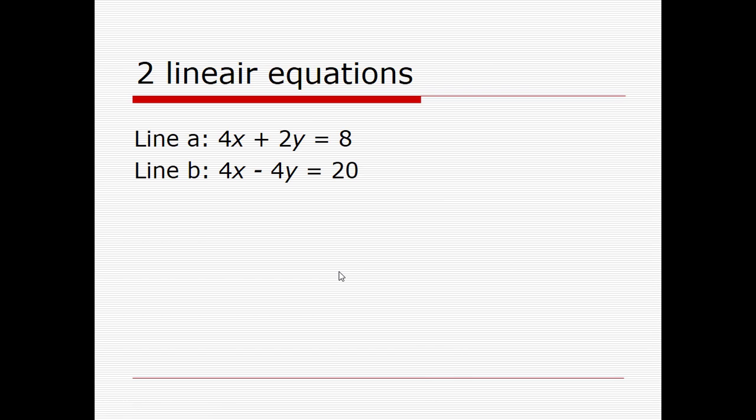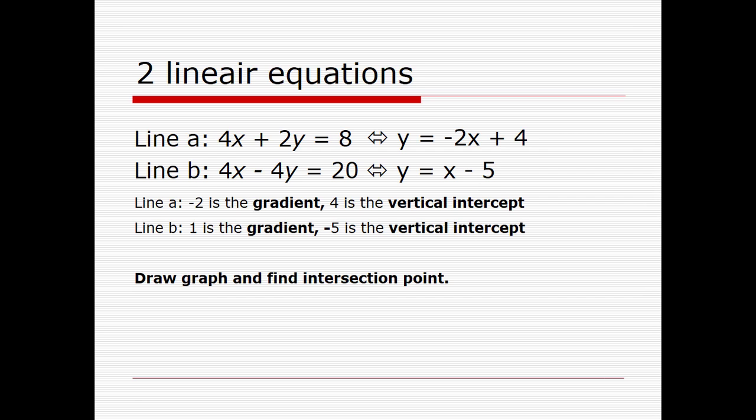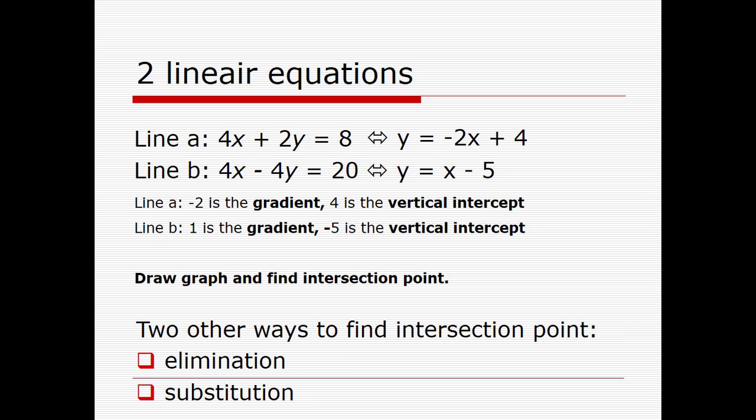If we have two linear equations like these two, then of course we have two lines, and these lines will cross at some point. This crossing can be calculated in different ways. We can first try to find the intersection point by drawing both lines and looking at the drawing to see where the intersection point is.